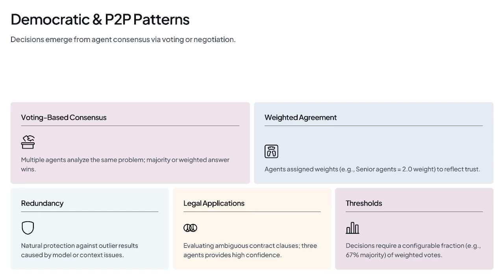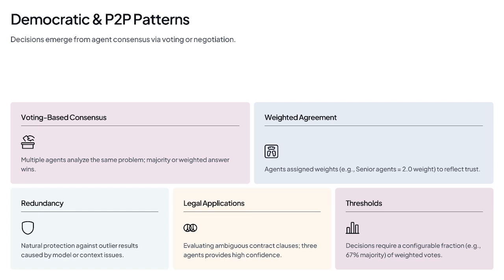Then we have thresholds. Decisions require a configurable fraction, e.g. 67% majority of weighted votes. So make sure you set a threshold if you are implementing this pattern: a threshold of what the agent can have, a threshold of voting, a threshold of who can carry the vote, and where the vote can reach before it's stopped.